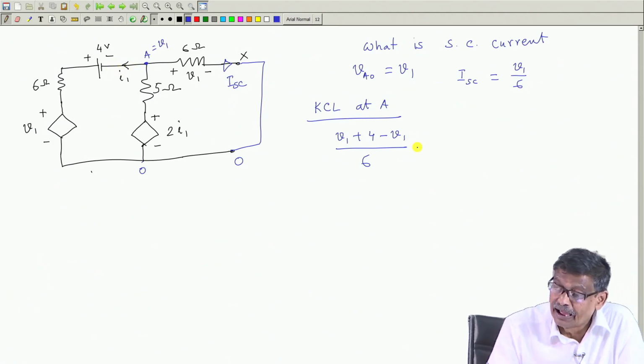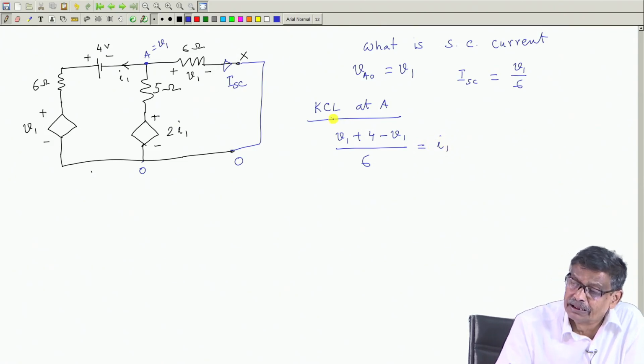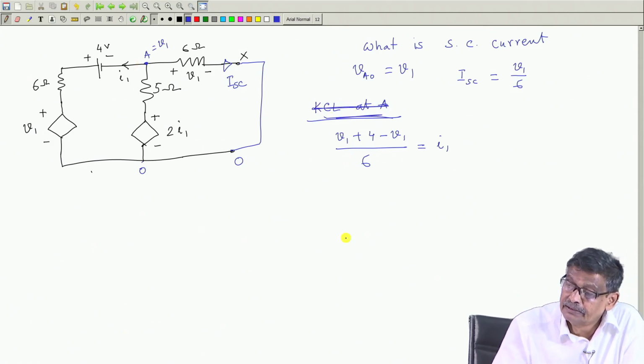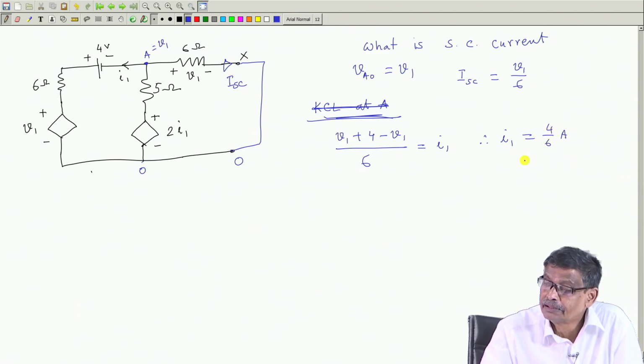And this current is equal to I1. In this branch this current is like this. Therefore, I1 is straight away known. I1 is equal to 4 by 6 ampere, that is equal to 2 by 3 ampere.